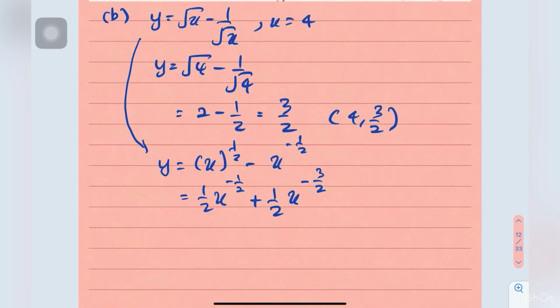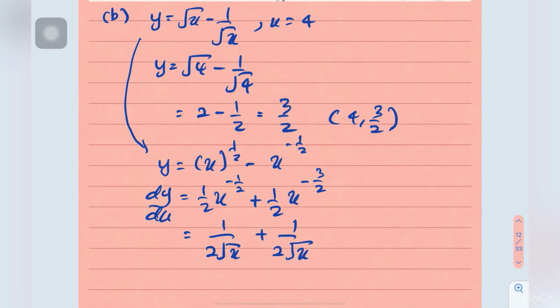Y in terms of x, we differentiate, we get dy/dx. We simplify first before we substitute. We get here 1 over 2 square root x plus 1 over 2 square root x cubed.